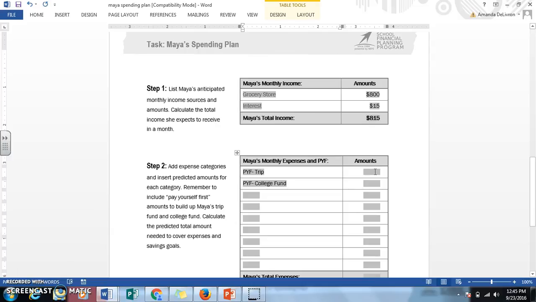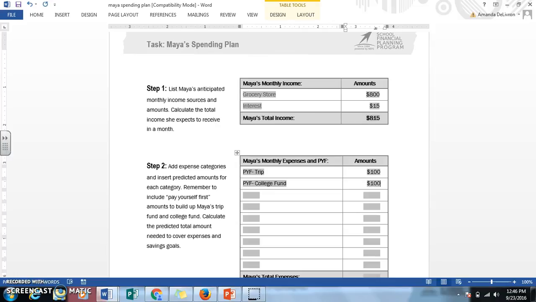So let's try and figure out an appropriate amount. She has $815 per month. How much could she save for her trip and her college fund? Well, we haven't really identified the other expenses yet. So for right now, I'm just going to add $100 in each of these amounts. That's acceptable.